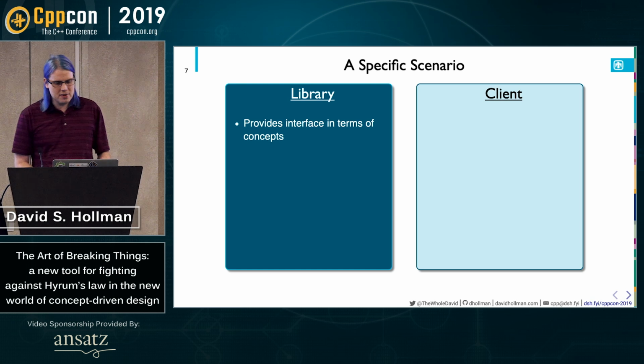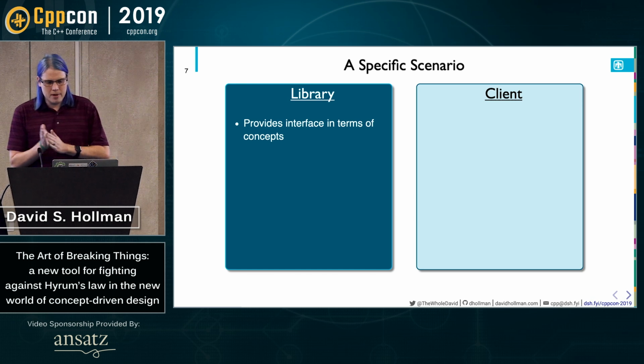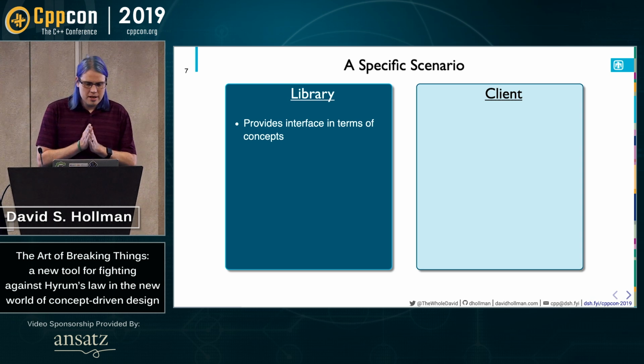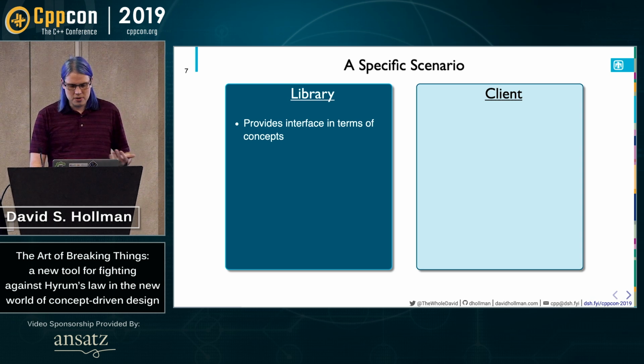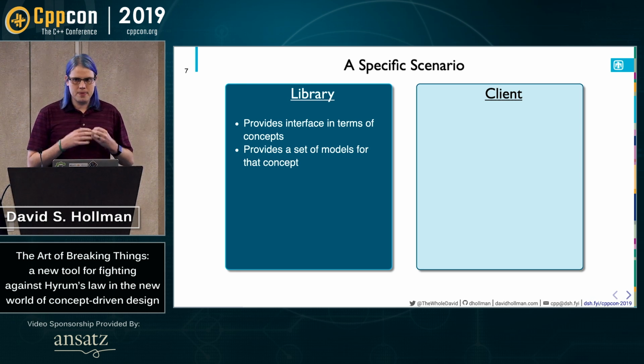So I'm talking about a specific scenario that comes up probably more than you think, or more than it sounds. It's a library-client relationship where the library provides an interface in terms of concepts and also provides a set of models for that concept. So when I say models for the concept, for those unfamiliar with the language, it means types that meet the requirements of a concept, right?